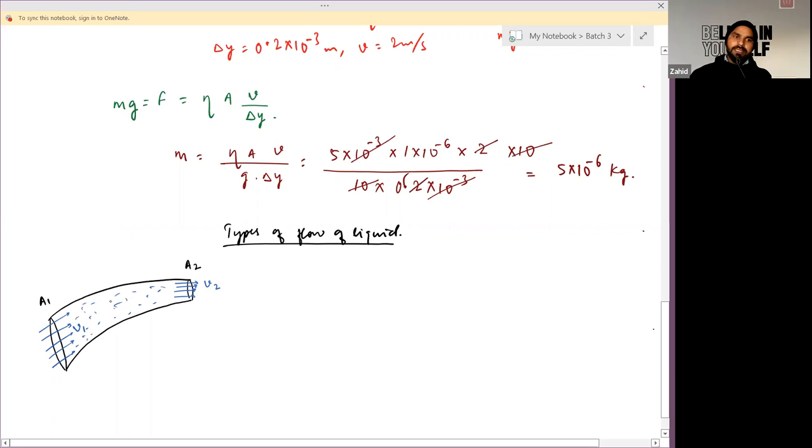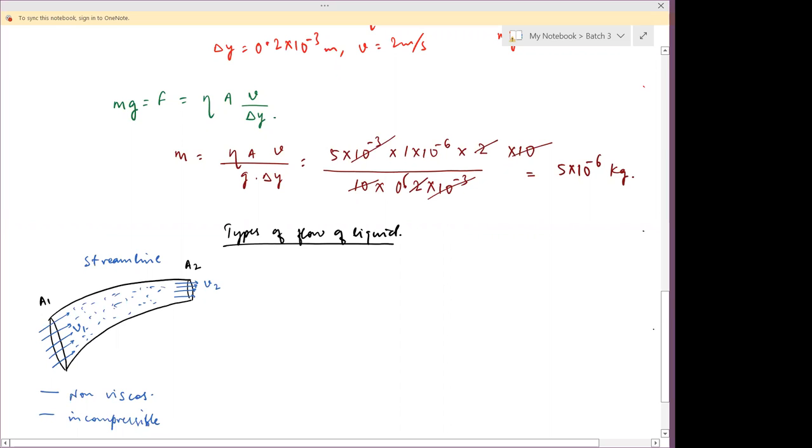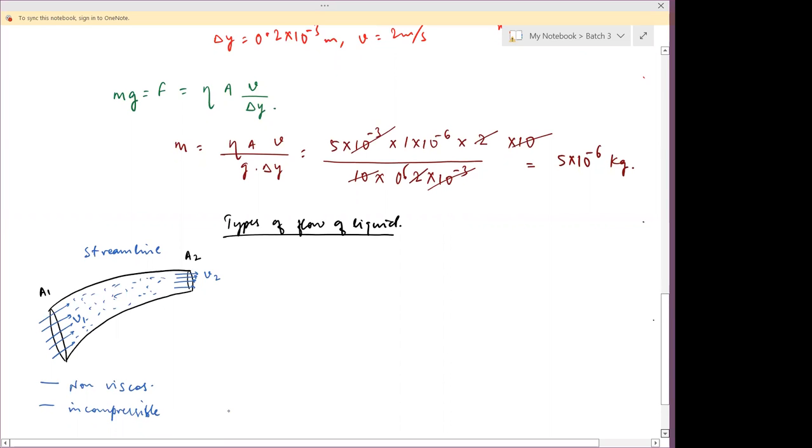So this particular type of flow is called streamline. And this flow will be possible only if the liquid is non-viscous. Next, it should be incompressible. It means the density of liquid at each instant will be the same.